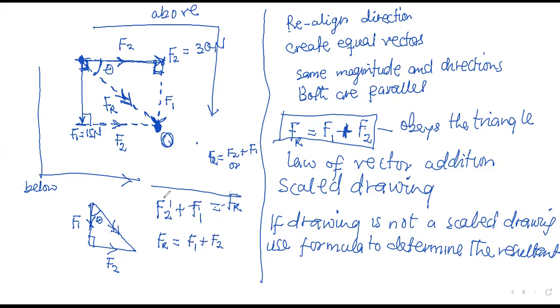So this is what I'm calling the triangle law of vector addition. And it obeys the commutative rule of addition. Irrespective of how you add it, F2 plus F1 will still be equal to F1 plus F2.